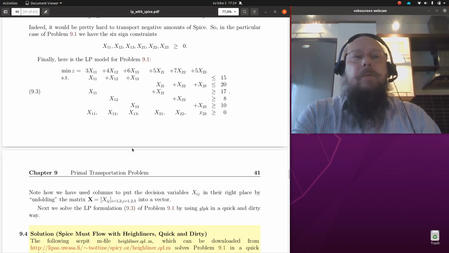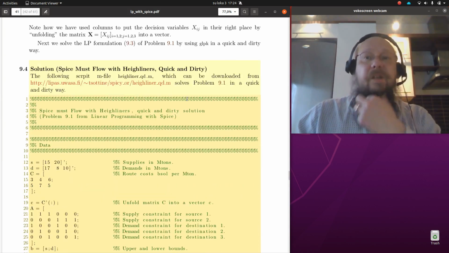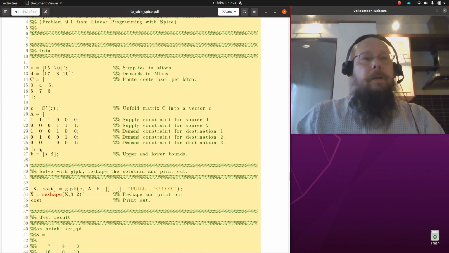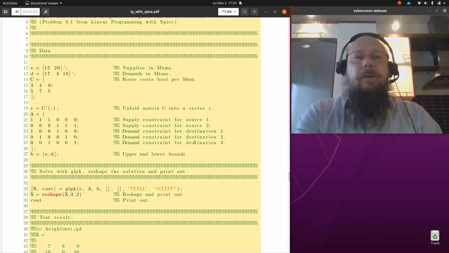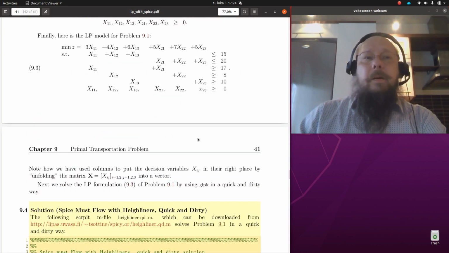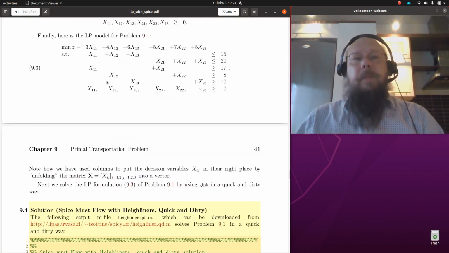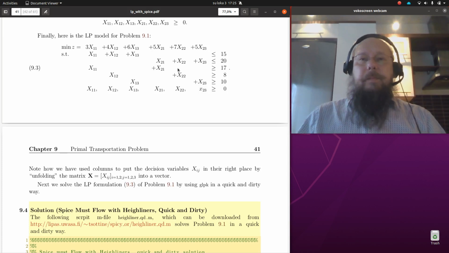So these three constraints, the demand side constraints, are in this formulation these two identity matrix blocks followed by each other. So these are the demand constraints for the destinations. Okay, so this is this part. That's the most complicated part, and in a general case it becomes even more complicated, of course, but this is a general picture, how it goes.